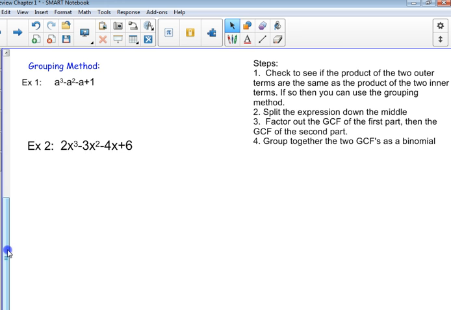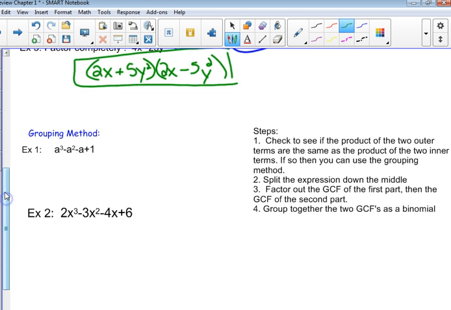Okay. So if you have grouping methods, right off the bat, you can tell you have to factor by grouping because when you look at this, how many terms do you see? 4. And do you see a GCF? No, there's no GCF, so we can't do anything else.